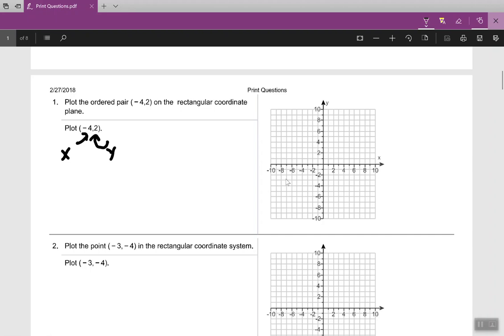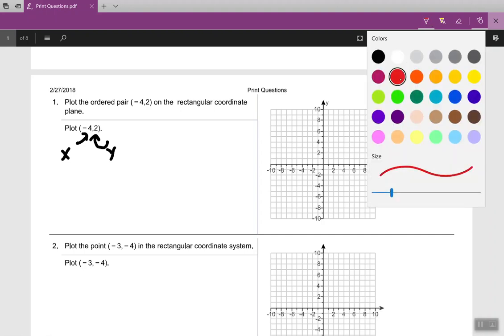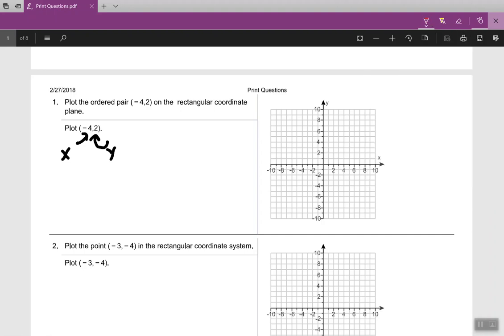The x coordinate tells us to move left or right from the origin, left if it's negative, right if it's positive, and the y coordinate tells us to then move up or down after we've taken the x coordinate movement into consideration. So for this first one here, we have x is -4, so from the origin, or from the center here, we would move to the left 4 places, and that would be where x is -4 is located.